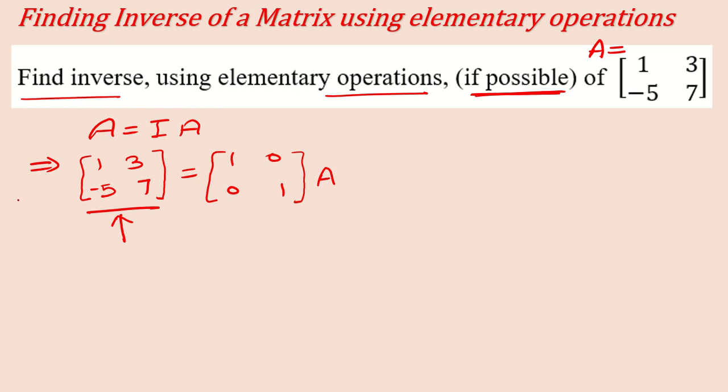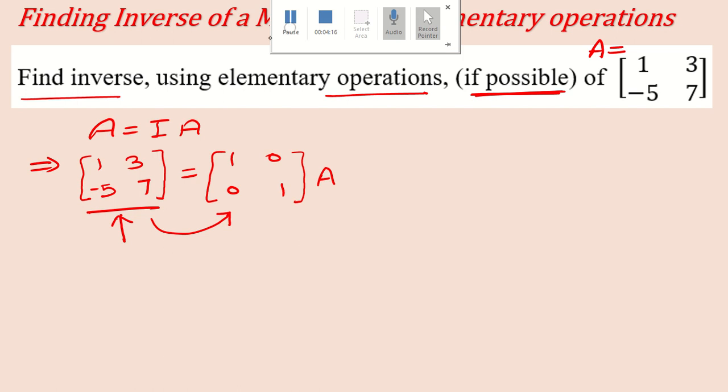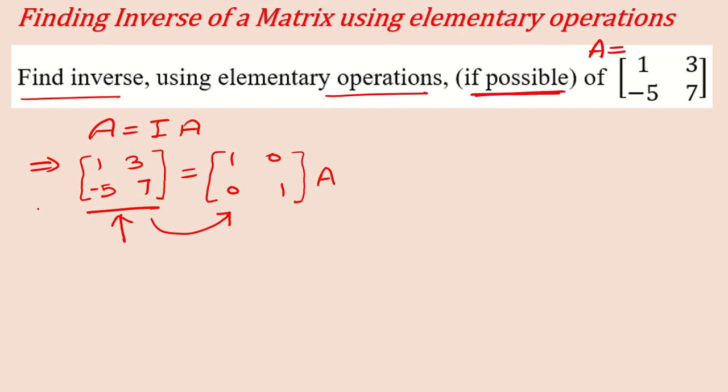The same operations you will apply on this matrix also. Can you imagine the final step now? This left hand side will be converted into identity and this right hand side matrix will be converted into some other matrix. So, we are going to get the answer easily.